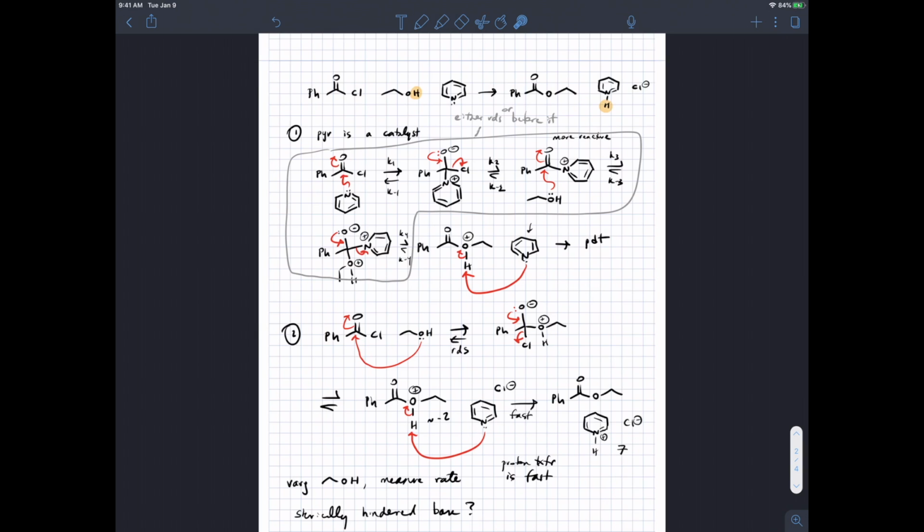Let me ask you another question, because there is another possibility here that's pretty important. Let's just pretend that this last step, the k3 to k minus 3, is the rate determining step.